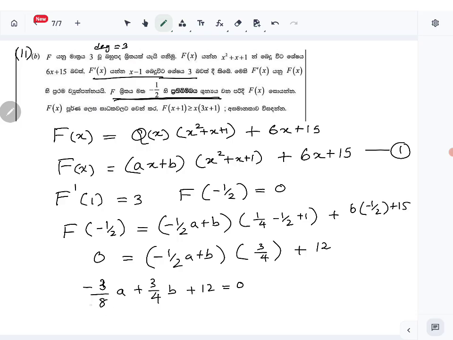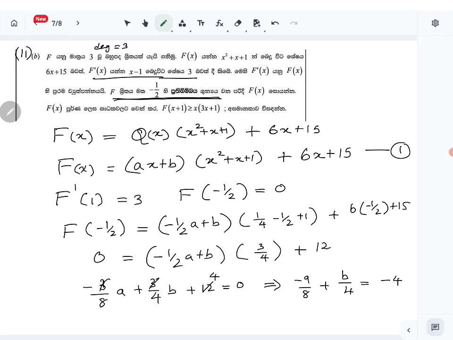Multiply by 4. No, we can divide by 3 first. So minus a over 8 plus b over 4. Move this to this side, minus 4.